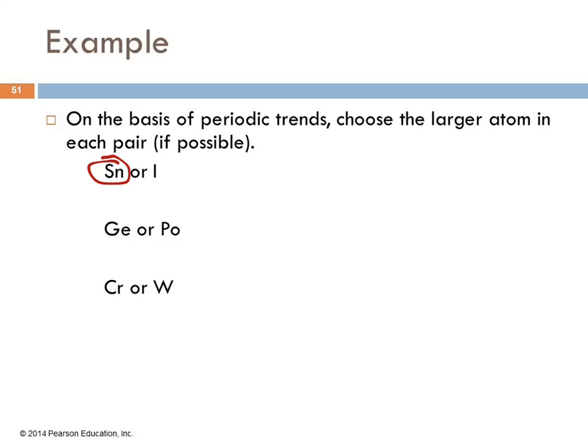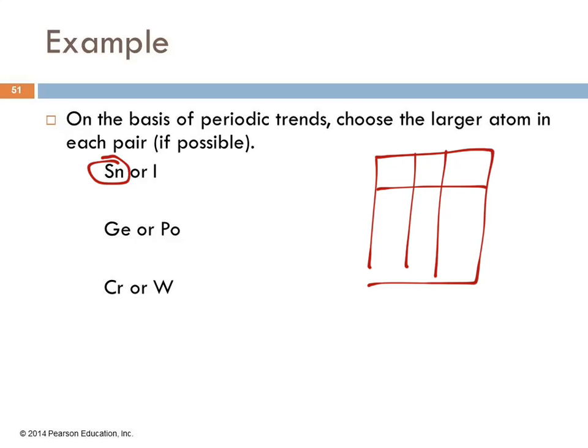Germanium or polonium? Well, let's just draw a little piece of periodic table. Like that, a little piece of periodic table. We'll put germanium here, and then just relatively polonium's down here.